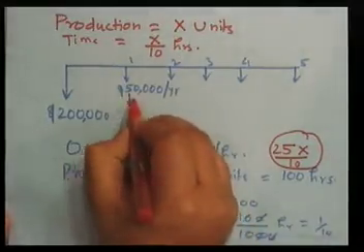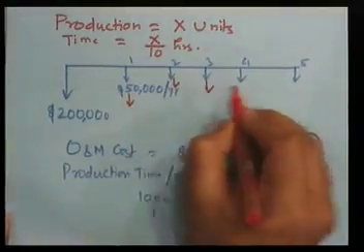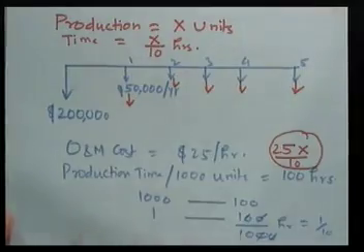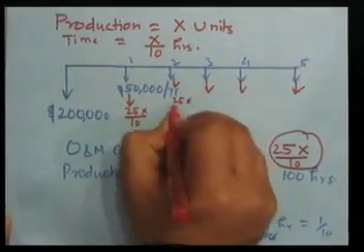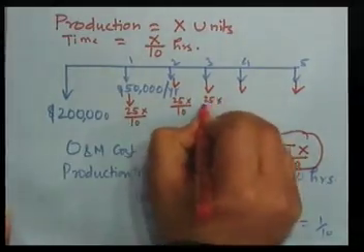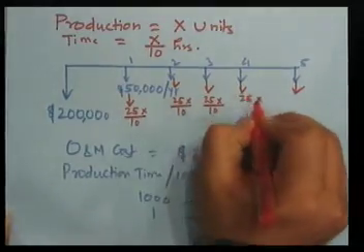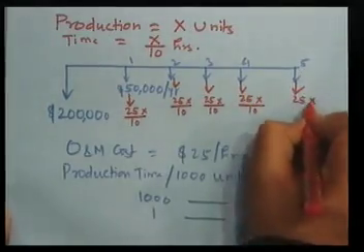So for X upon 10 hours, I have to spend 25X upon 10. Now remember, X production is for 1 year. So I can add this here every year. This becomes 25X upon 10, this is also 25X upon 10, and so on for all 5 years.